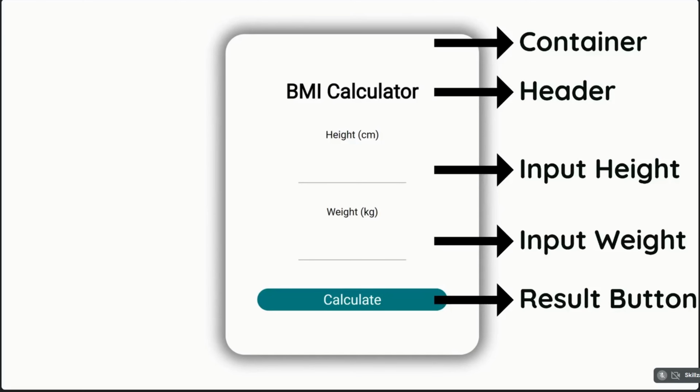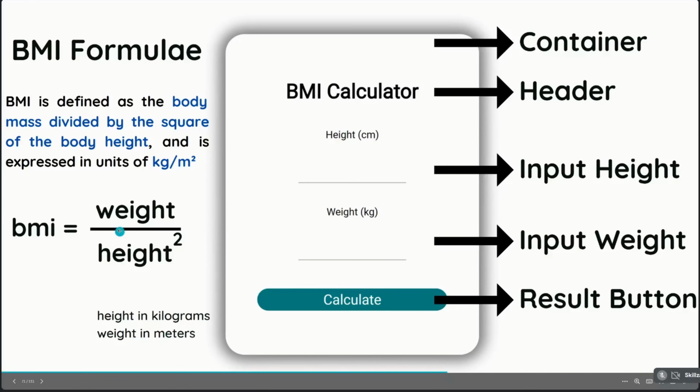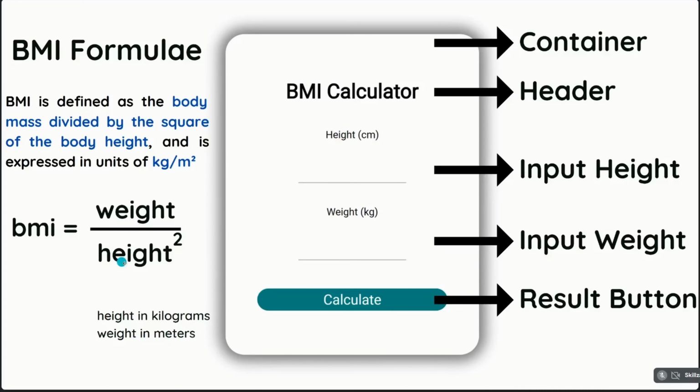So this is what we are going to talk about today: how to build this small mini application. Now, this is what goes behind the scene. How do you compute it? What's the formula for the BMI calculator? BMI is equal to the weight of a person in kilograms, divided by the height of a person in meters squared.